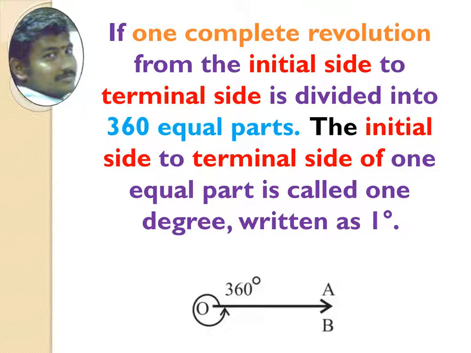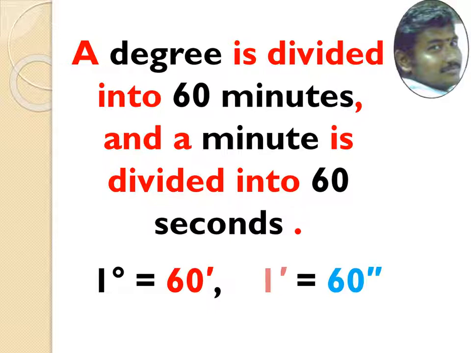If one complete revolution from the initial side to the terminal side is divided into 360 equal parts, each part is called 1 degree, written as 1 degree. A degree is divided into 60 minutes and a minute is divided into 60 seconds.